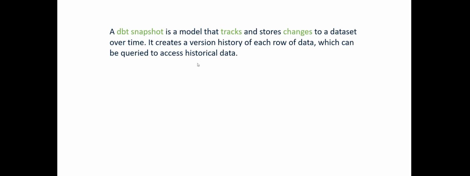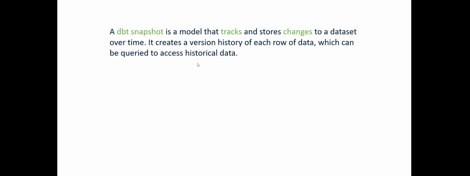Just a formal definition: a DBT snapshot is a model that tracks and stores changes to a dataset over time. It creates a version history of each row of data, which can be queried to access historical data. In data warehousing or data modeling, it's very important that you understand what's happening over time on your data sets.